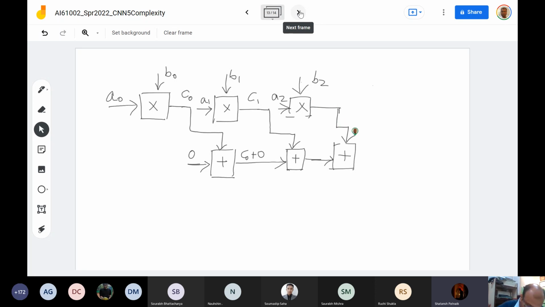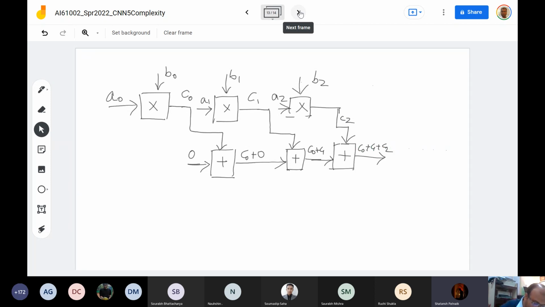So here this one becomes C0 plus C1. Similarly, here this is going to be C2. So this becomes C0 plus C1 plus C2. And like this, it keeps on going.